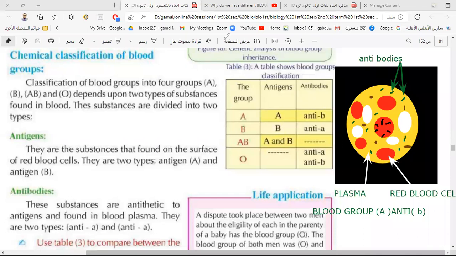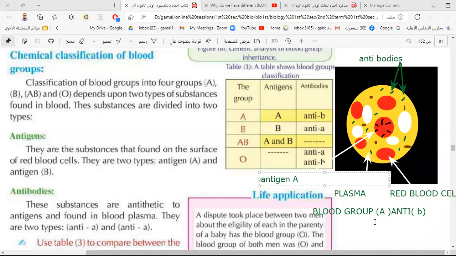What does that mean? If your blood group is A, so you have antigens A. This is antigen. Is this antigen A or B? A. Very good.